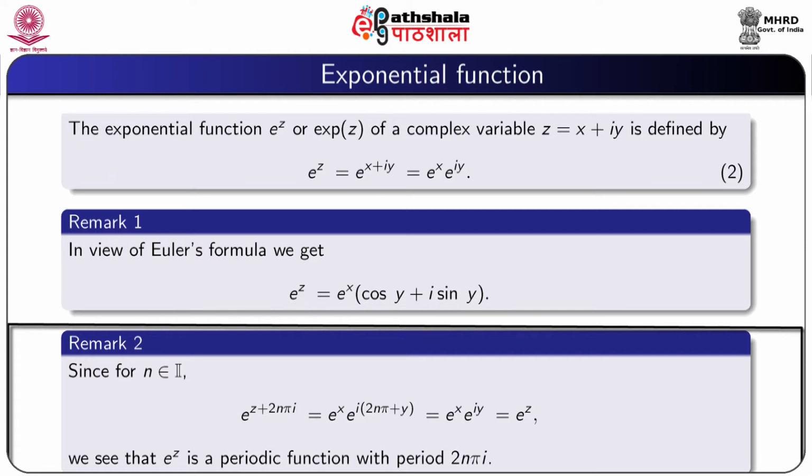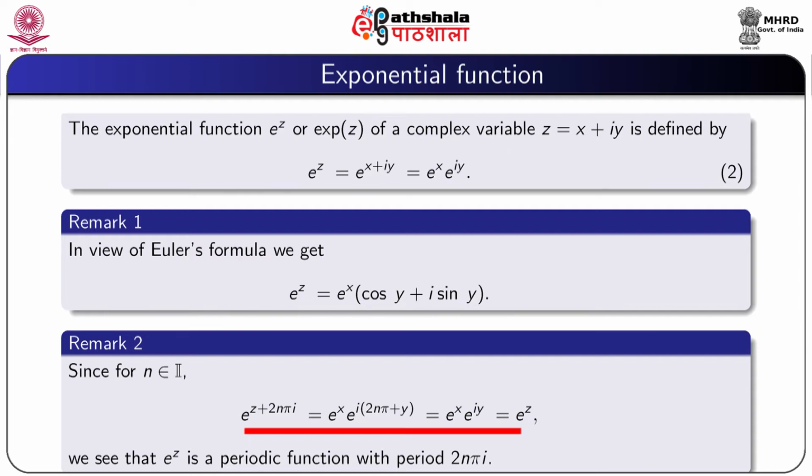Since for n belonging to I, where I is the set of all integers, e to the power z plus 2n pi i is obviously equal to e to the power x into e to the power i into 2n pi plus y.